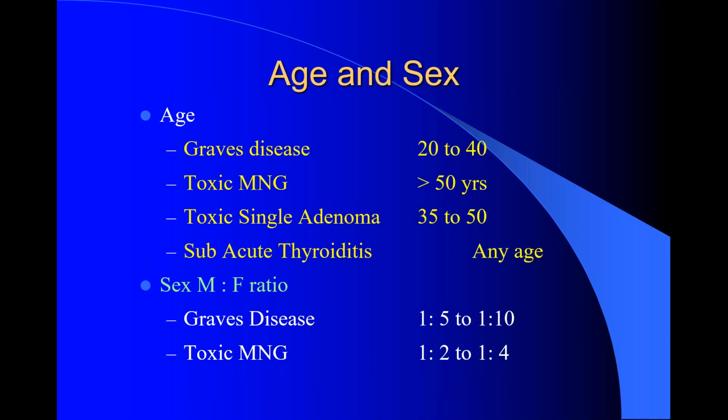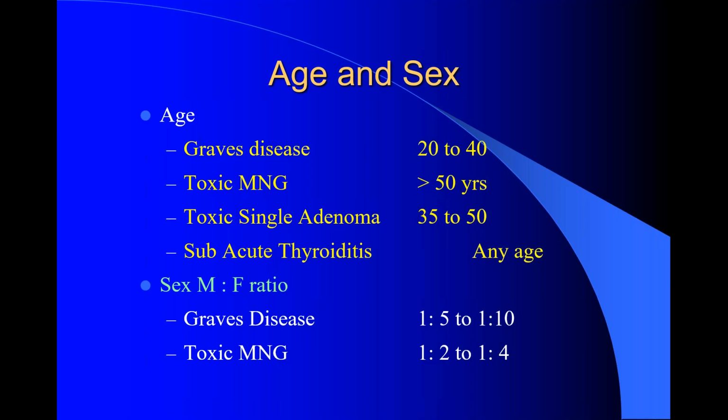Then age and sex wise, you will see that Graves' disease is seen between 20 to 40 years because it is an autoimmune disease and it is common in that middle age. Toxic multinodular goiter is seen in people more than 50 years of age, with long-standing goiter.